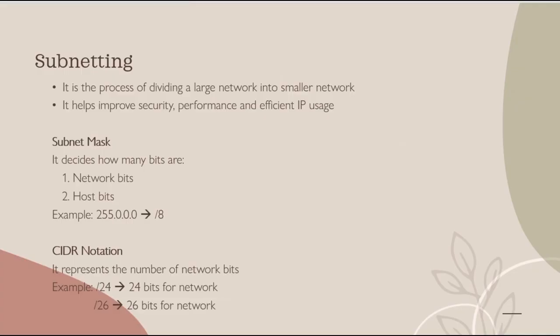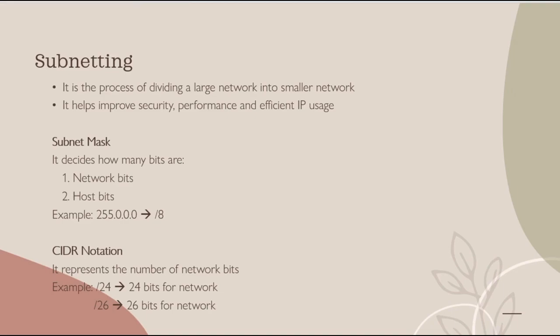And the next one is subnetting. Subnetting is the process of dividing one larger network into smaller networks. Why is subnetting done? As I said earlier, by using class C, I am able to host 254 computers per network only.